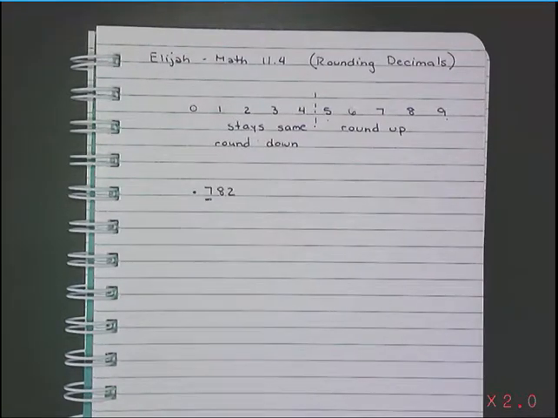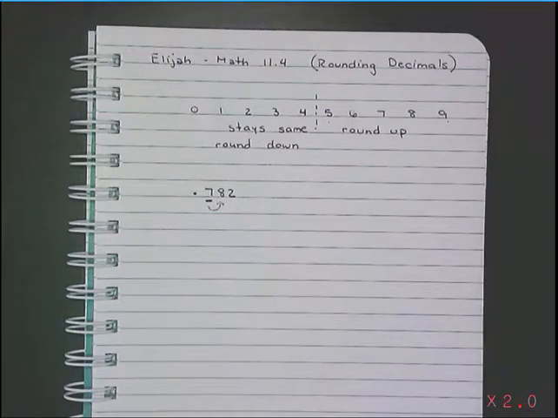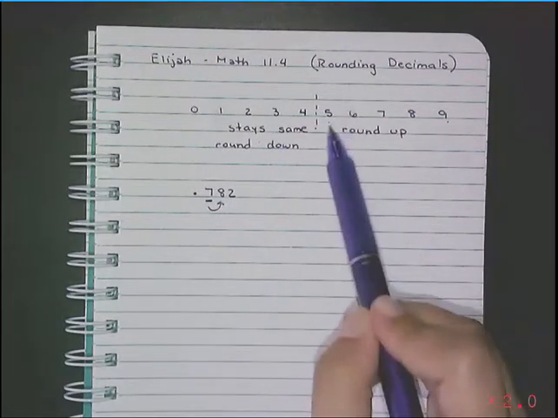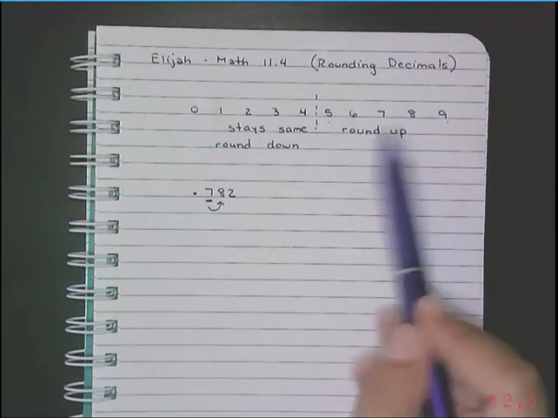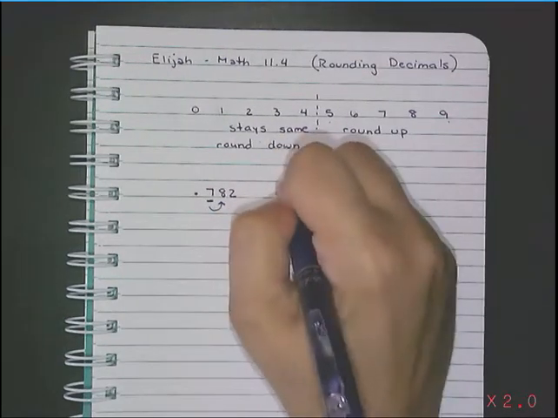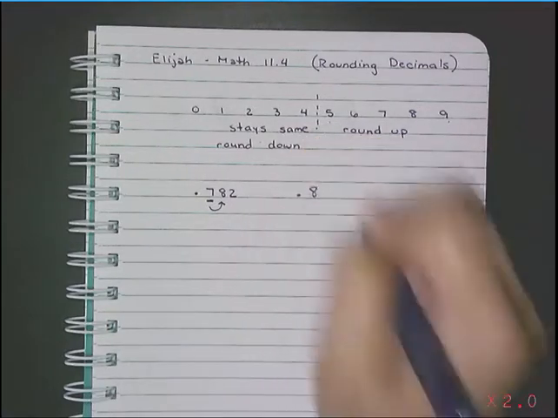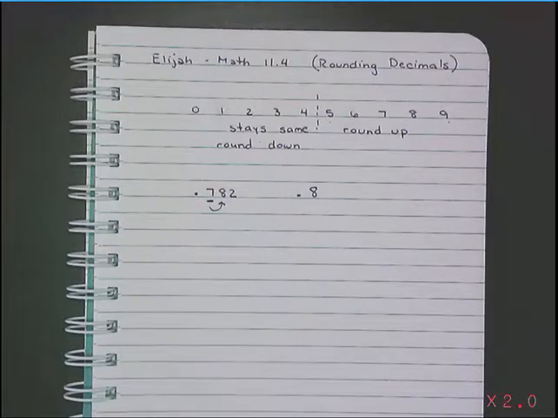The 7 is in the tenths place, so we are going to look to the number to the right, which is an 8. 8 falls on the top end, so we are going to round up. So rounding up means instead of it being 7/10, it's going to be 8/10 when we round up. Okay?